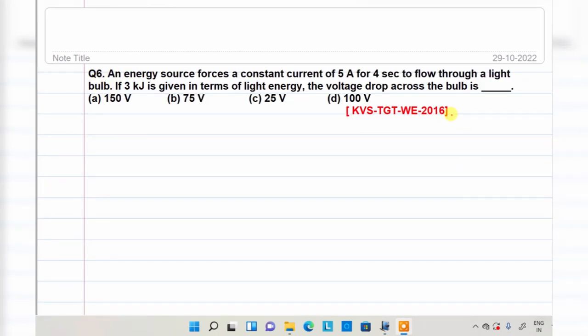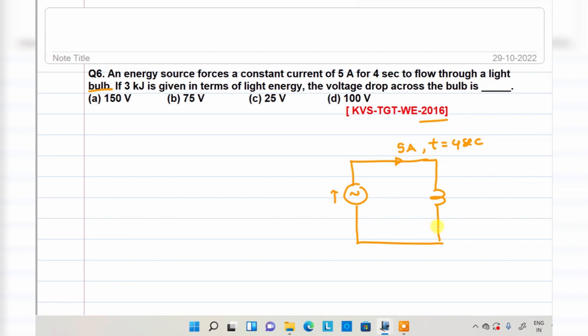Question number 6 from the 2016 question paper. What are they asking? An energy source forces a constant current of 5 amperes for 4 seconds to flow through a light bulb. So let me take a constant current source connected to the bulb or lamp. The current is 5 amperes, and the time T is equal to 4 seconds.